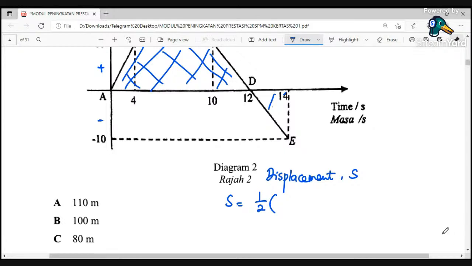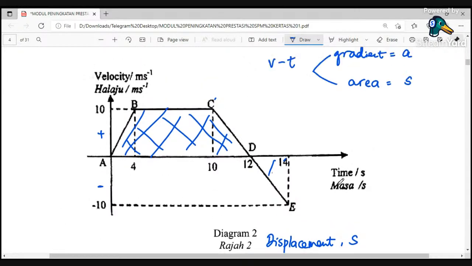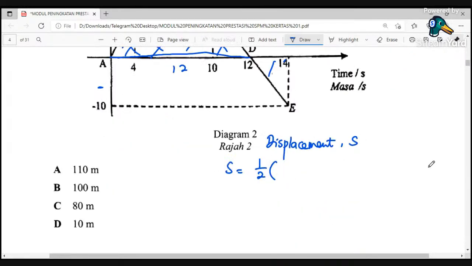Okay, so I hope you know the formula. Formula dia apa? Okay, 12 plus 6, 4 to 10 is 6. This one is 12, height 10. Okay, so we have half times 6 plus 12 times 10.